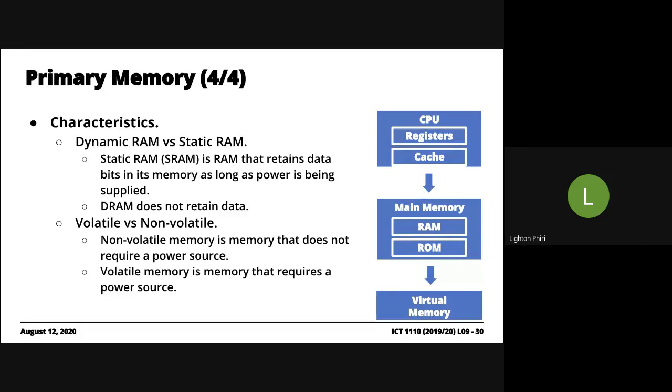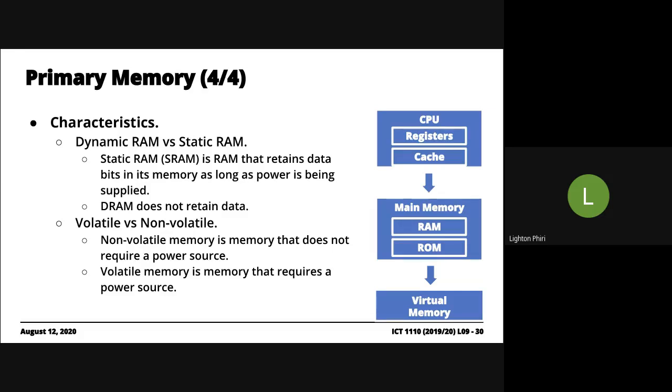So in the case of dynamic RAM, or in the case of, I'm confusing the two here. In the case of static RAM, I hope it is static RAM. I think it is static RAM.